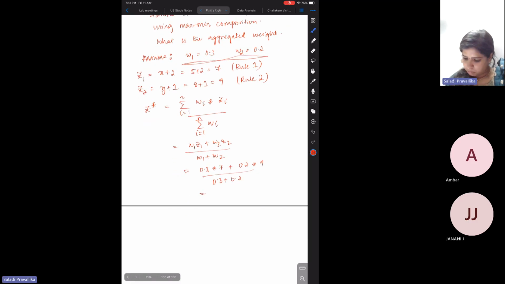Okay, so you can calculate this. So it's 2.1 plus 1.8 divided by 0.5. So it's 40. No, sorry. It's 39 divided by 5.